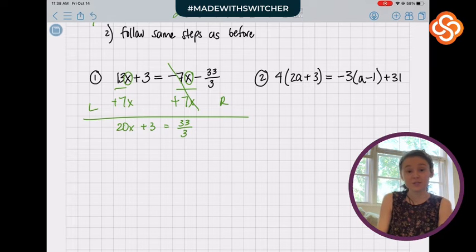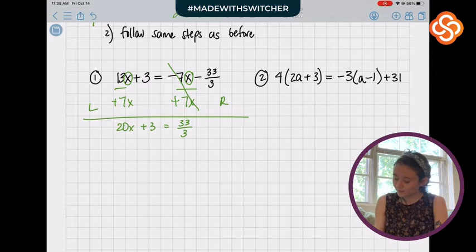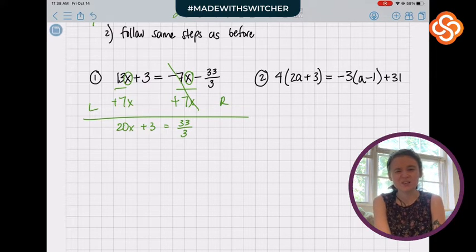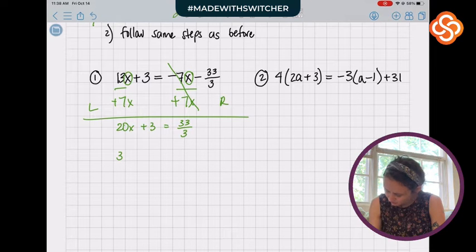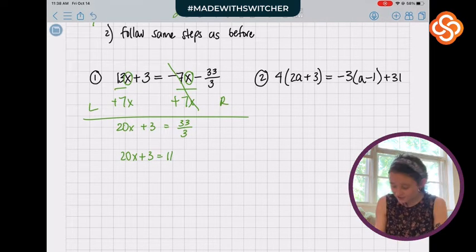I know some people don't. They'll pick a whole different approach. But this is the way that you're really less likely to make a mistake. I can combine like terms again though. What's 33 divided by 3? Sorry, I'm tripping. 11. I got an easy equation now.